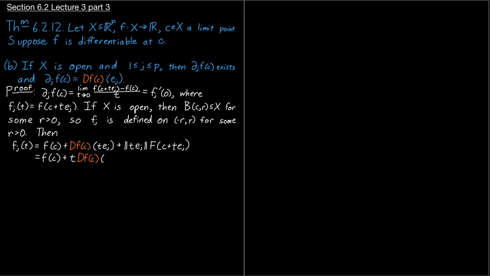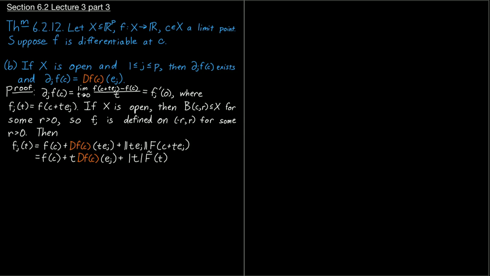And then we're just left with df of c of the vector ej. That's a constant now, it doesn't depend on t. Then our vectors ej have length 1. So t times ej has length t. So we can replace this norm by just a regular old t. And then this f of c plus t ej, you can show that is a function of t. You can even put the absolute values around the t if you want.